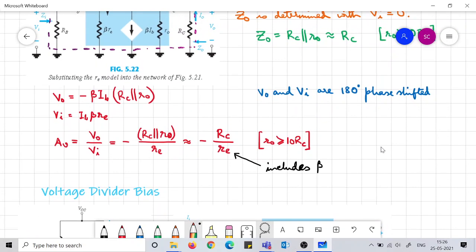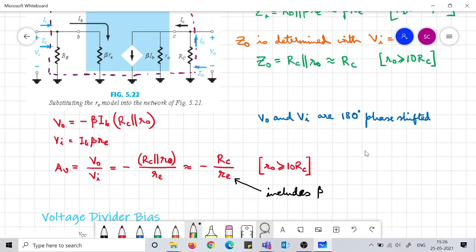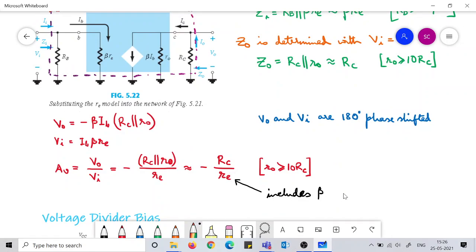Two points to make here. One point is that this RE includes the beta. How? Remember what RE is: RE is 26 millivolt by capital IE. Capital IE is the DC emitter current, and the DC emitter current is beta times the DC base current. So beta is there in some way in this voltage gain.